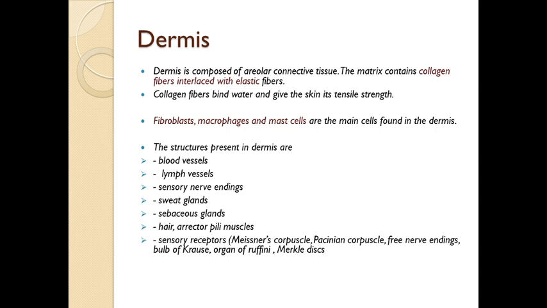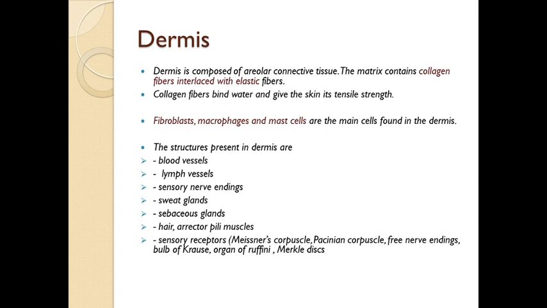Then coming to the main cells found in the dermis, they are fibroblasts, macrophages and mast cells. Other cells are also found, since it's an areolar tissue, but mainly collagen fibers, elastin fibers, and fibroblasts, macrophages and mast cells are the main components.